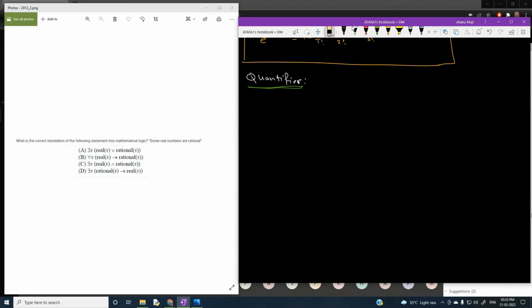And if any proposition based on any variable is true for a few values of that variable, we should use one quantifier which is called the existential quantifier, and it looks like this. And the formula will be same, the expression will be same. After this symbol, you should put the name of the variable like x or y or z like this.